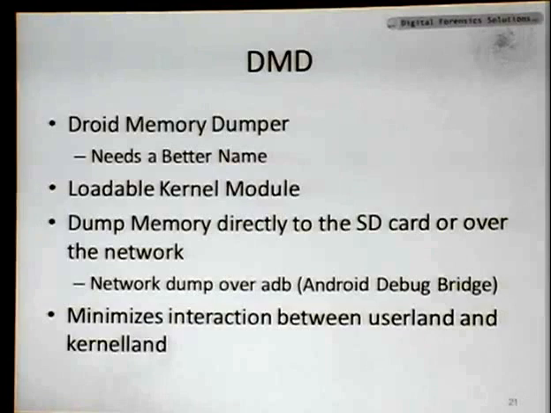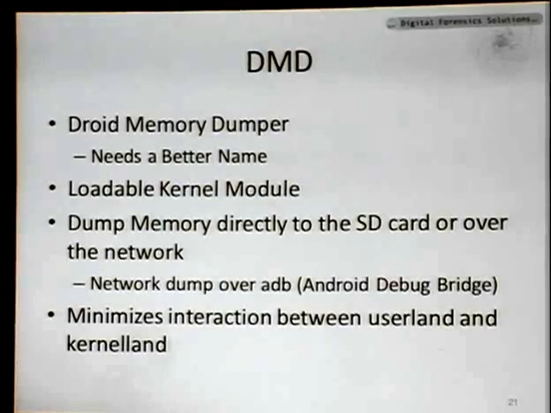It's also a loadable kernel module like fmem, but you don't have to use any userland programs to interact with it except for insmod, which is installing the kernel module. You can dump memory either directly to the file system on the phone, which would usually be your SD card, or over the network. And you don't necessarily have to connect the device through your network.